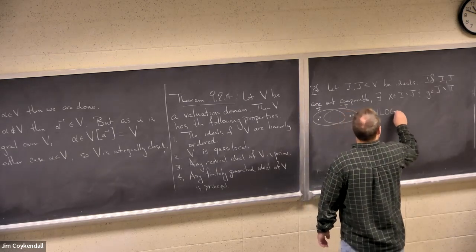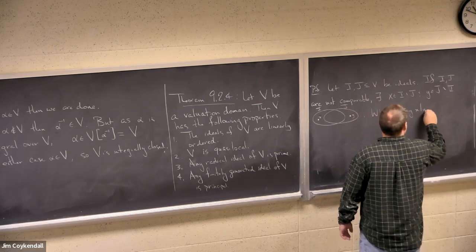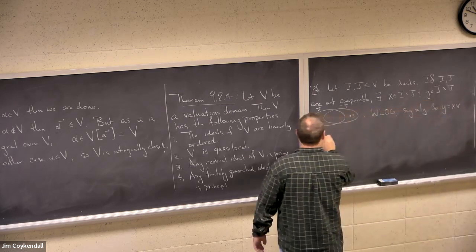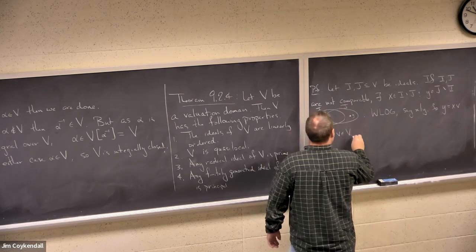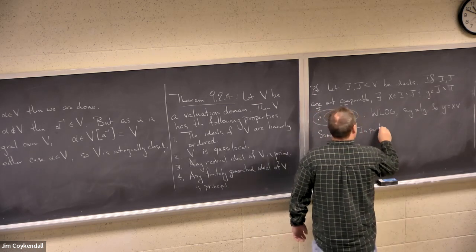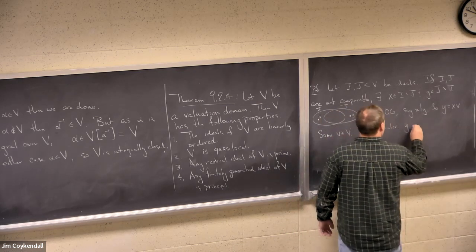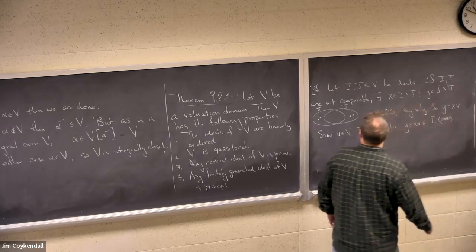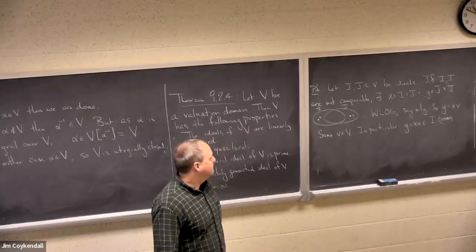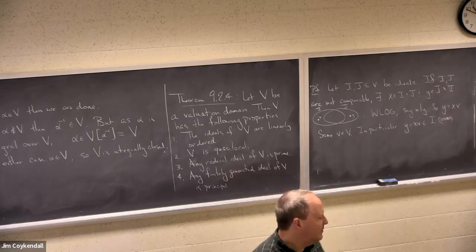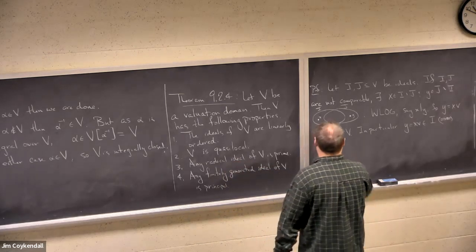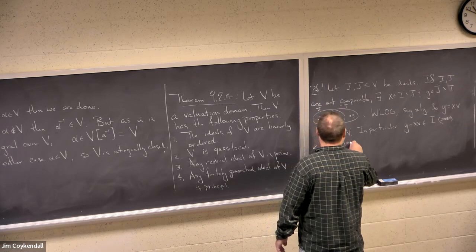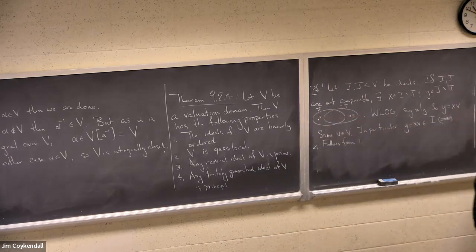So without loss of generality, say X divides Y. So Y is X times something. So take two maximal ideals in B, one and two.